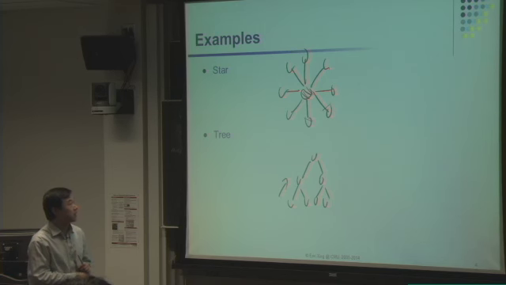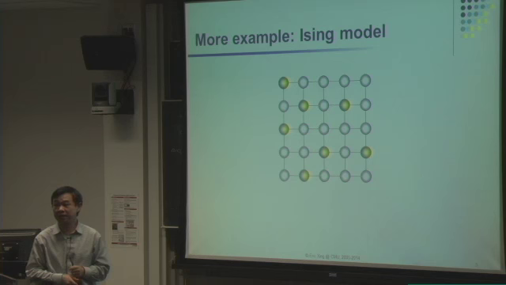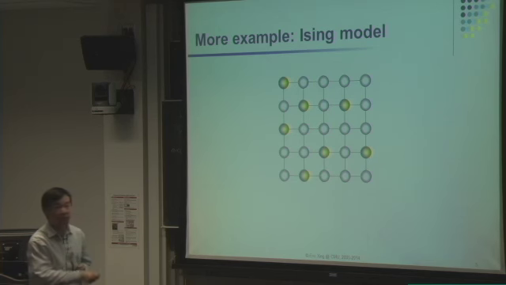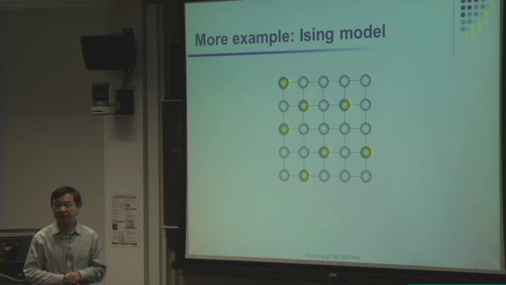So now let's just test whether you guys really get the essence of that idea. So let's do another elimination exercise. So here I have a model you know already. It's called the Ising model. Can anybody tell me what is the complexity of inference on this model?